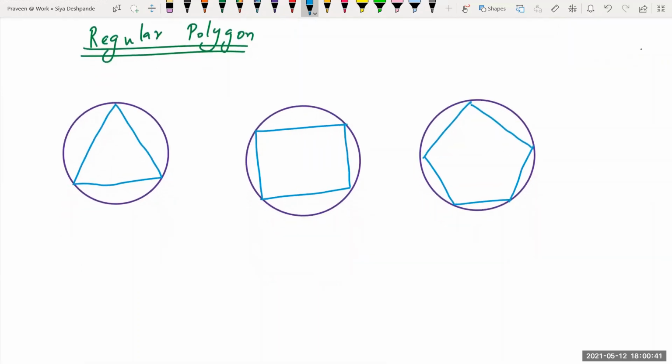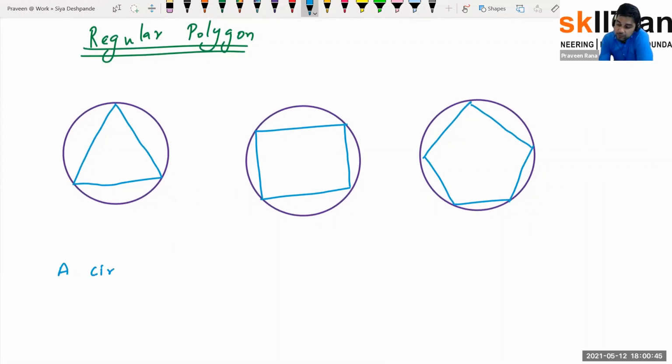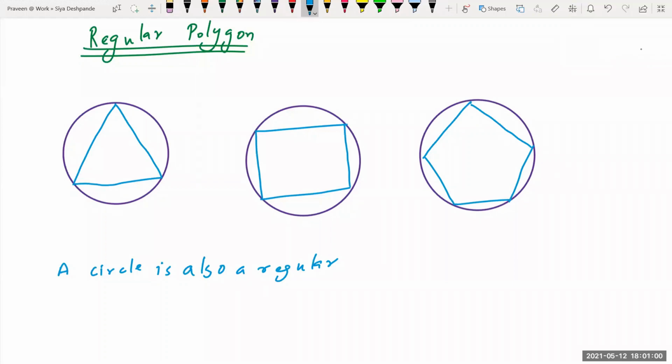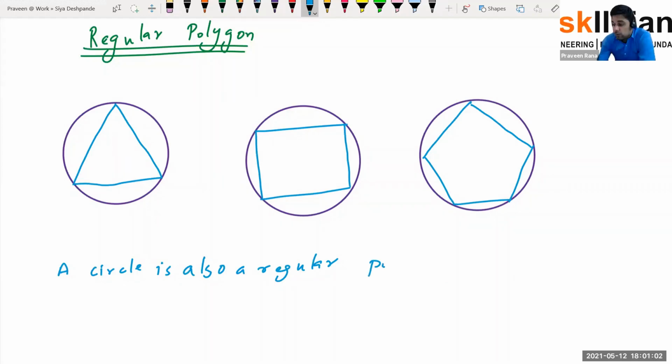So what is a circle in terms of a polygon? You can say a circle is also a regular polygon, which is hard to digest, but it is. As you can see, as the number of sides increases, the shape gets closer and closer to a circle. So a circle is also a regular polygon, but one with infinite sides.